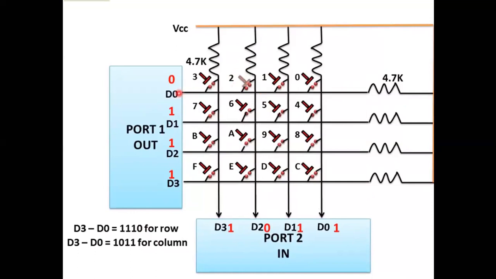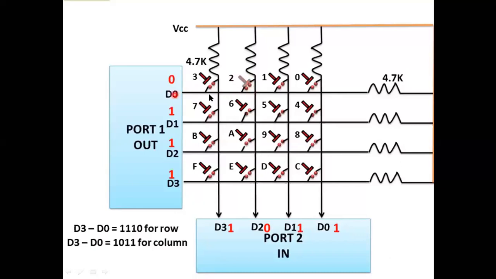Initially all the lines are connected to VCC. When any keyboard row and column combination is connected to ground, the microcontroller understands that the particular key is pressed.